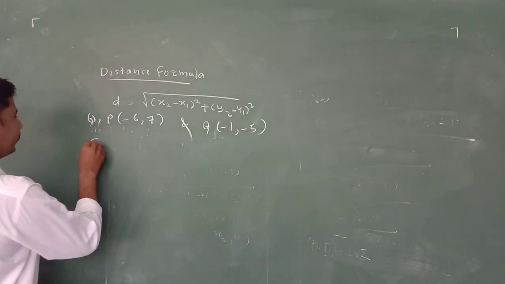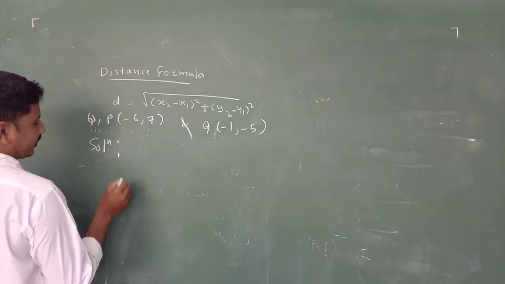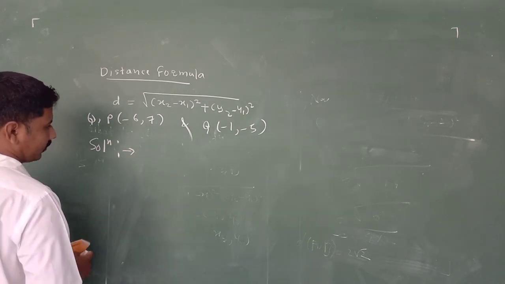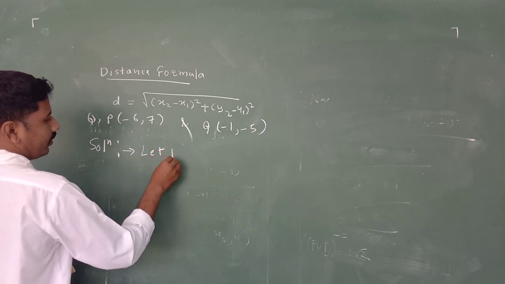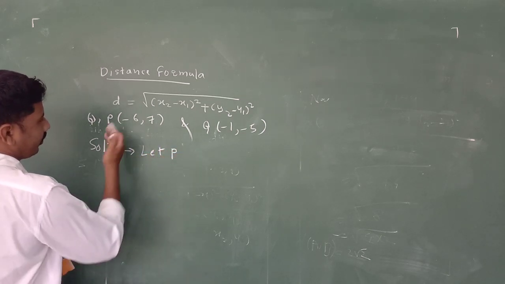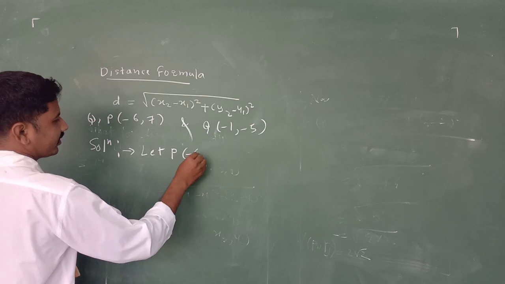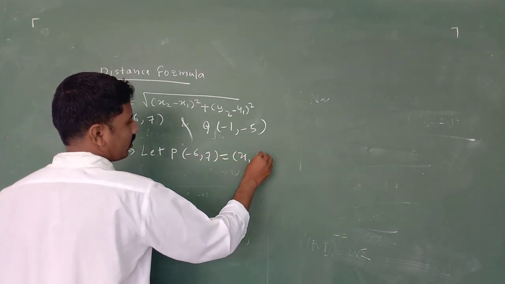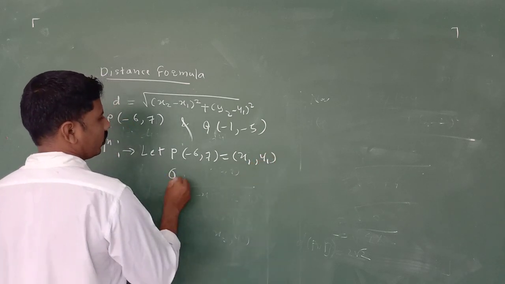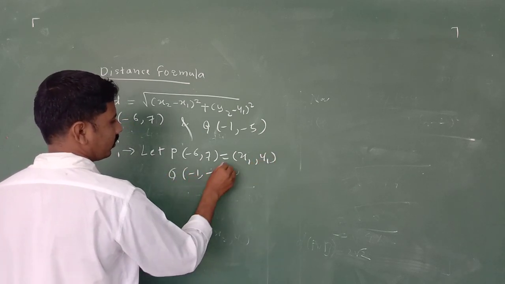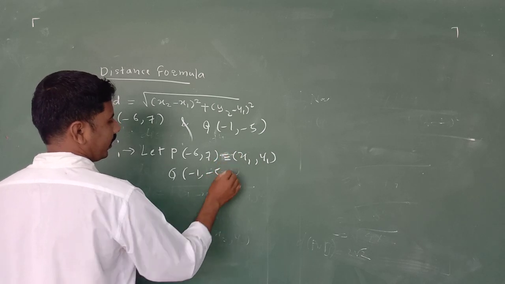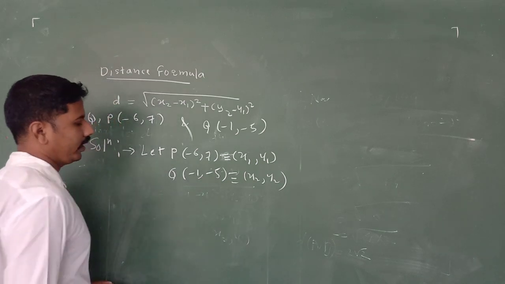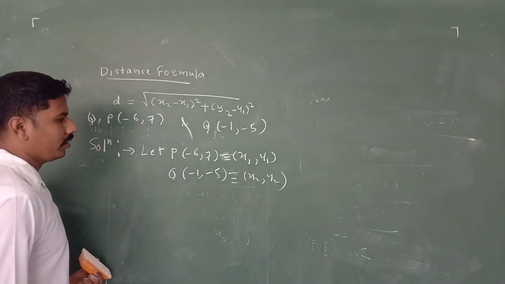So solution will be this. We assume, let P minus 6, 7 be x1 comma y1 and Q minus 1, 5 is equal to x2 comma y2.